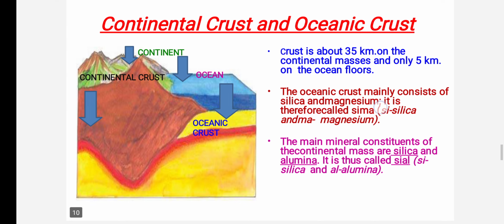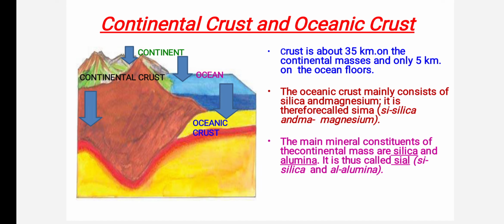Now let us see the continental crust and oceanic crust. What is continental crust and oceanic crust? Yes, you are right, children. The crust which is below the ocean is called oceanic crust. The crust which we see in the form of mountains, plains and plateaus is called continental crust.